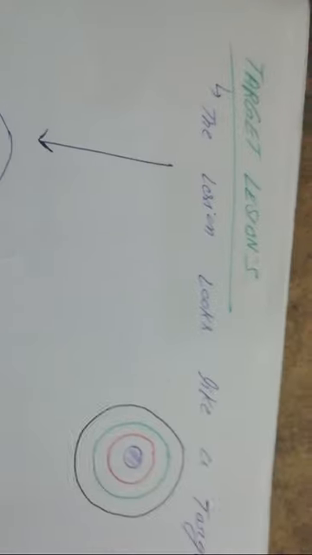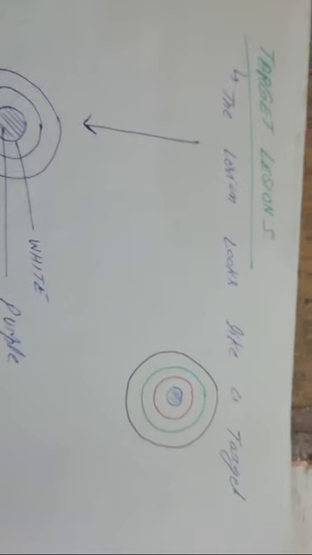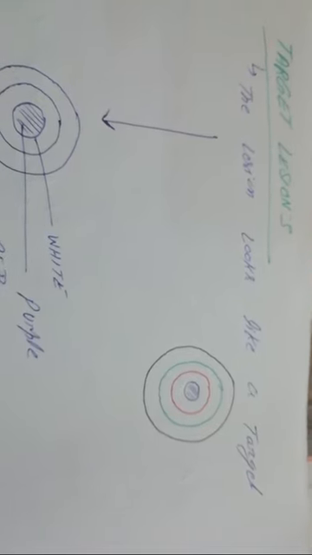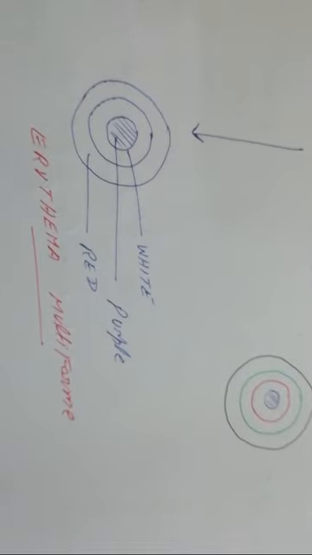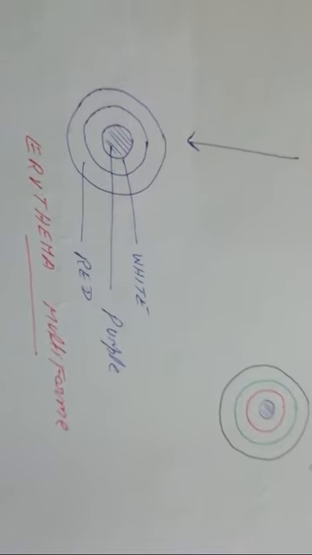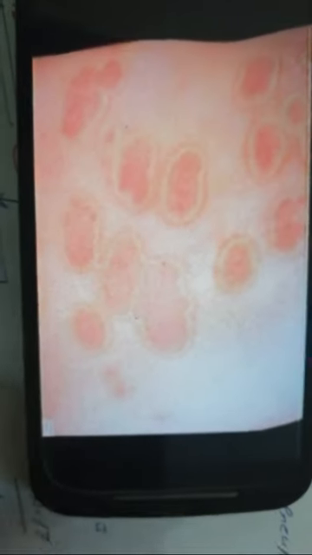Next we have something known as target lesions. Let me read the points first and let us understand the concepts. Under target lesions, it's written that the lesions look like a target, and it's also written that we have purple, white, and red. Let us understand them, guys. This is how the target lesions look.